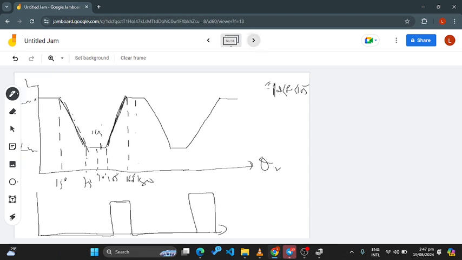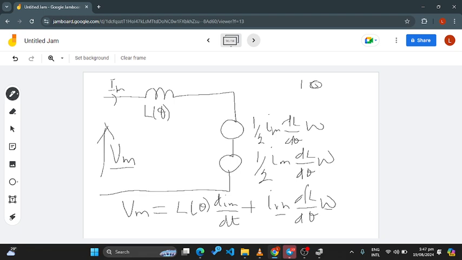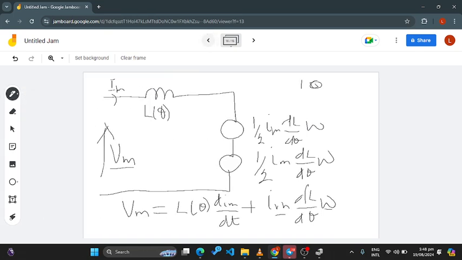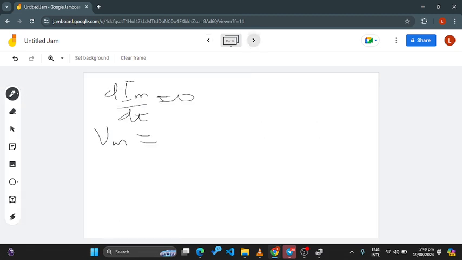If current doesn't change over there, it means dIm dt is 0. Then if dIm dt is equal to 0, Vm should be equal to just Im dL d theta omega.